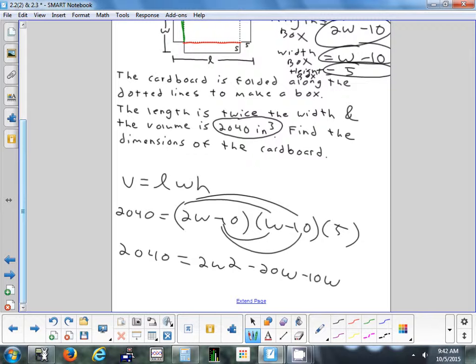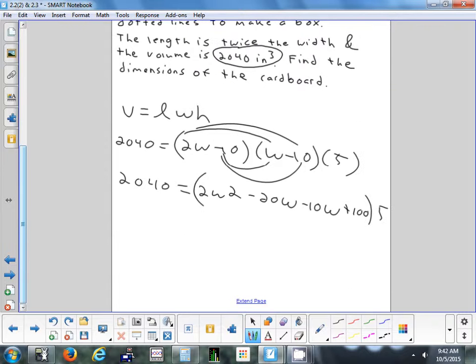And negative 10 times negative 10 is 100. All right, so we get 2040 equals, combine your like terms. 2w squared. What's negative 20 minus 10? Yep, negative 30.